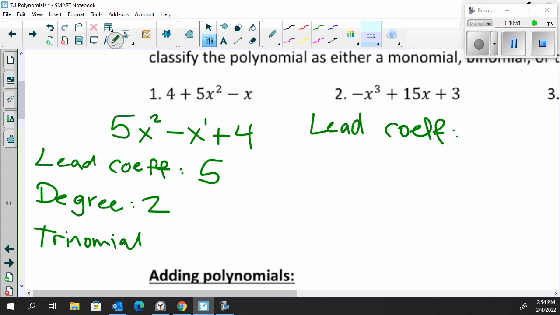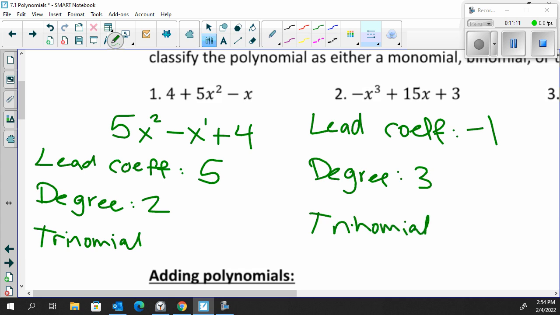What's the number? It's just 1, but it's not just 1. It's -1. What's the degree? The degree is 3, and it's a trinomial. So remember, if there's just a single x, there's no number in front of it, there's technically a 1 in front of that. And since it's negative, the leading coefficient is -1.